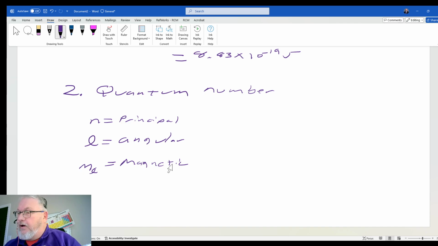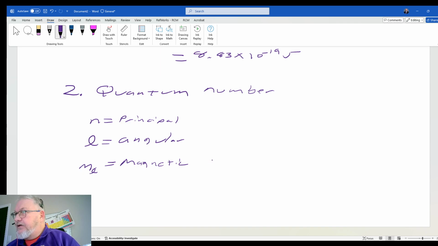Are they along the XYZ coordinate or wherever they're at, right? And there's one of those for the S, a sphere. This is the only thing it can be. There's 3 for the P's, 5 for the D's, 7 for the F's. Okay.